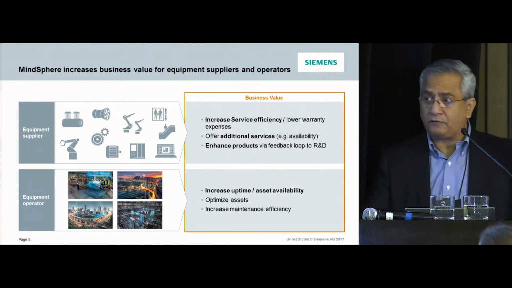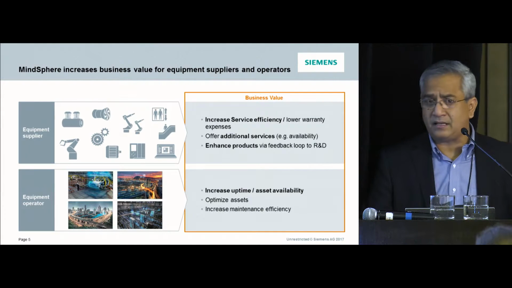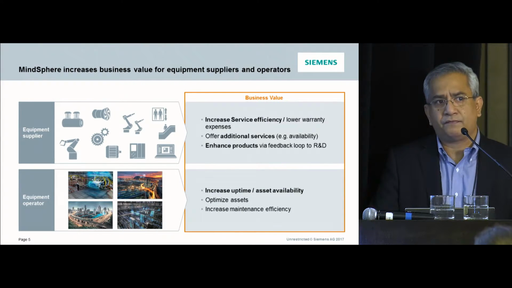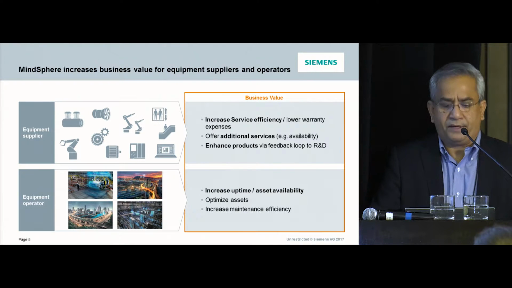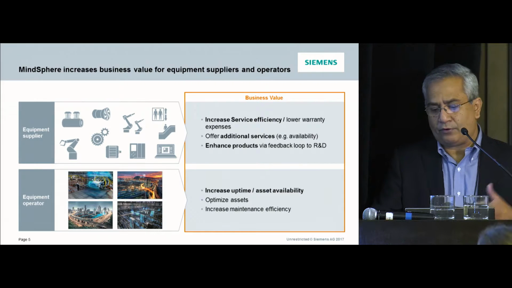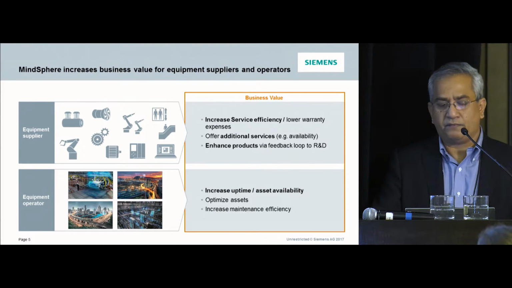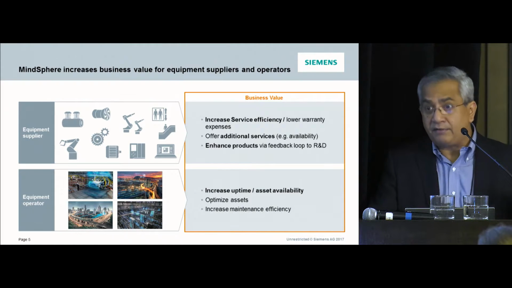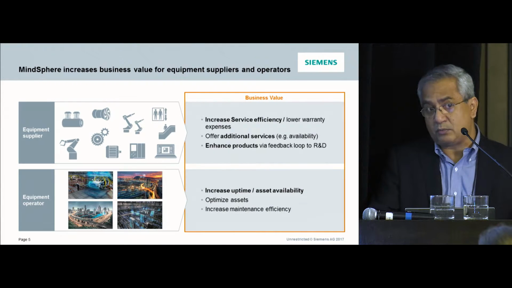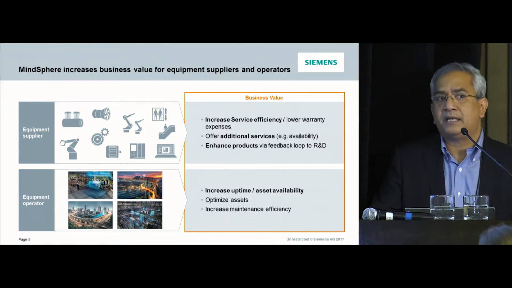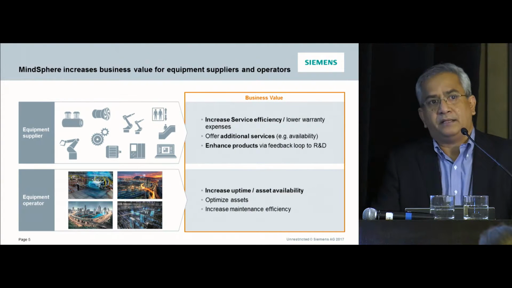Now, two types of customers, apart from many others that are not mentioned here, but in the manufacturing world, two types of customers benefit from that. The equipment supplier or the OEM. Clearly, for them, everything that I mentioned so far: increasing service efficiency, lowering warranty costs, generating new services, new business models for services, and then enhancing their product capability, design, etc., via the feedback that they get.